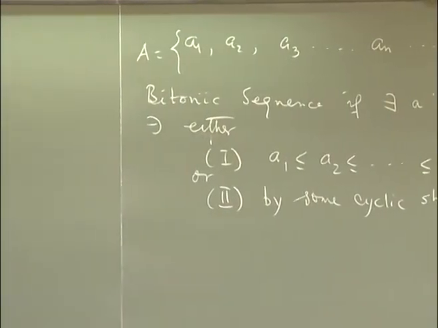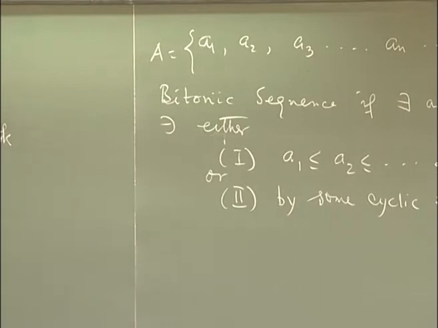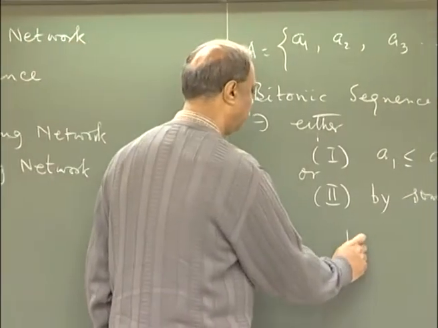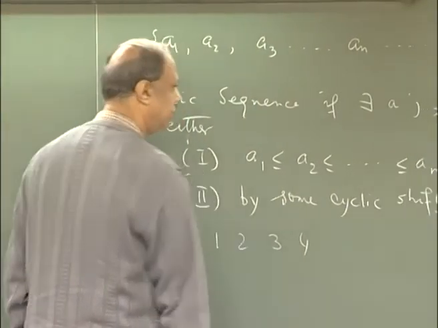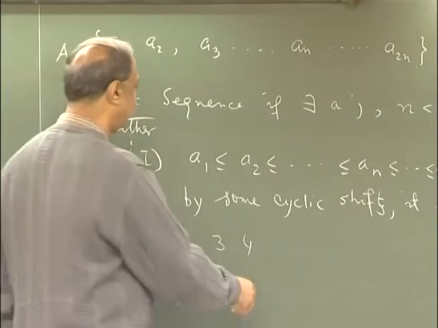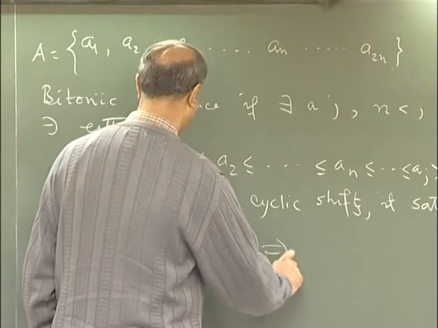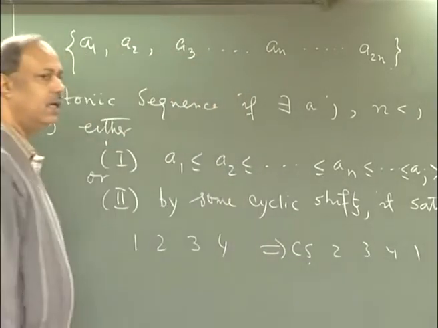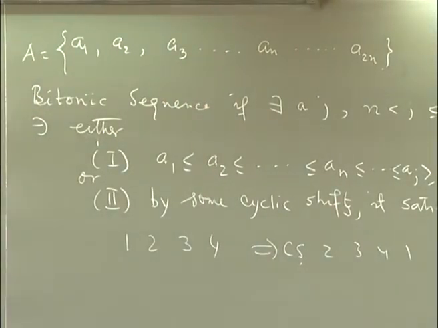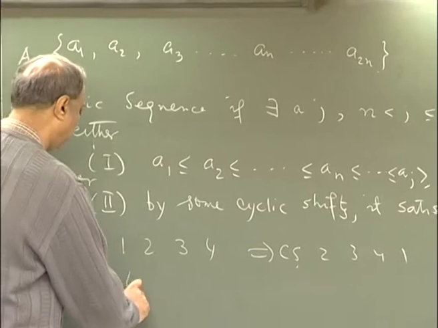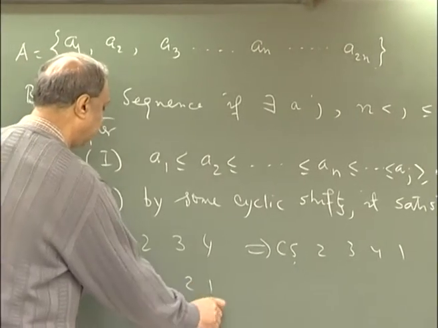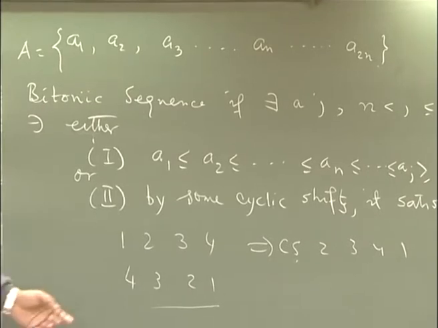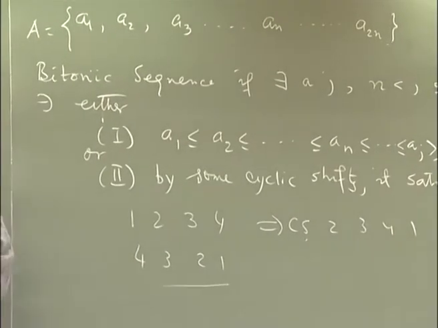Now for example, a sorted sequence is a bitonic sequence. Why is it so? Take 1, 2, 3, 4. By cyclic shift you can get 2, 3, 4, 1, which satisfies the definition. Similarly, 4, 3, 2, 1 is also a bitonic sequence.